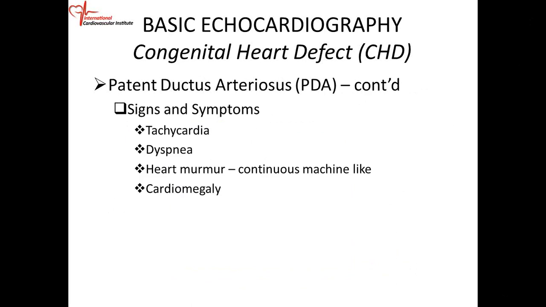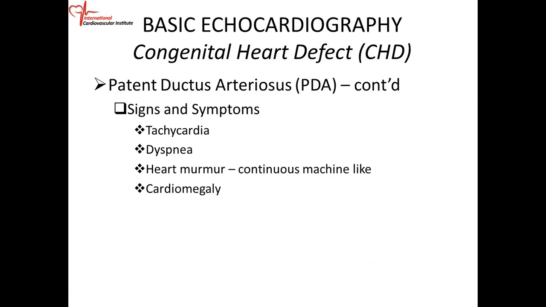So what are some of the signs and symptoms of a PDA? Again, anything involving the heart. You get shortness of breath, dyspnea with exertion. If it's pretty bad, you get orthopnea, PND, dyspnea at rest. Tachycardia, because the heart always tries to compensate, and one compensatory mechanism is increased heart rate. Then you get the continuous machine-like murmur.